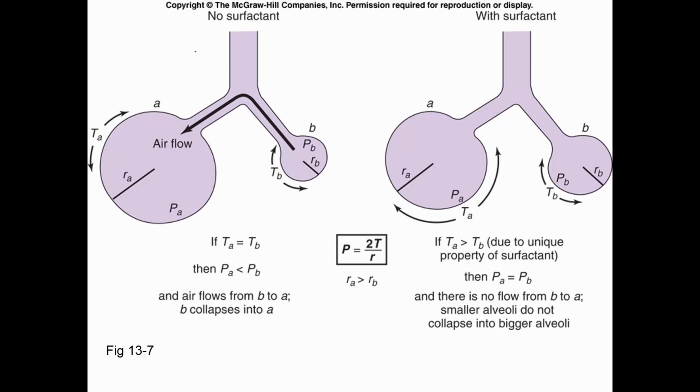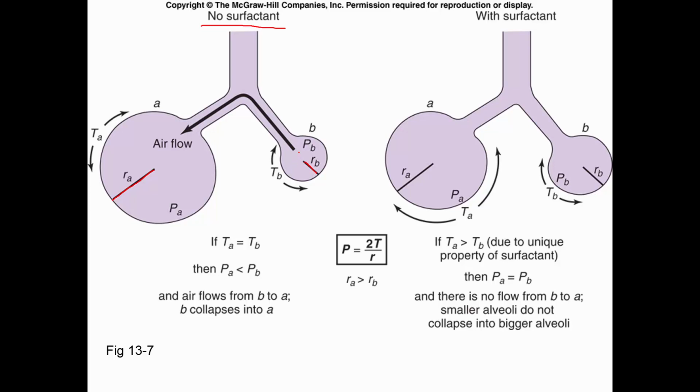All right, what does all this have to do with a real lung? What I'm showing here in this diagram is two alveoli with no surfactant. We have one alveolus with radius A and another alveolus with radius B. Radius A is much bigger than radius B. If I had two balloons connected like this, and one balloon had a smaller radius, that balloon would collapse and blow up the bigger one.